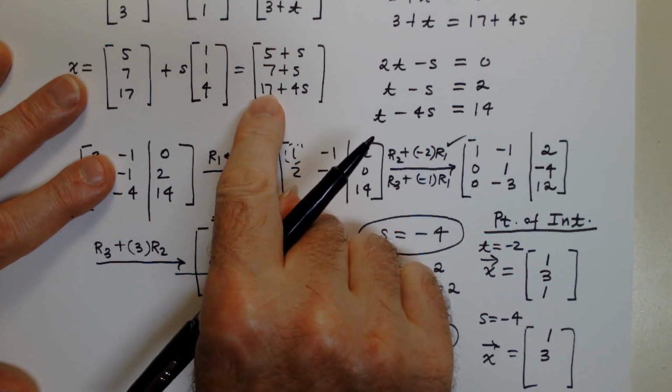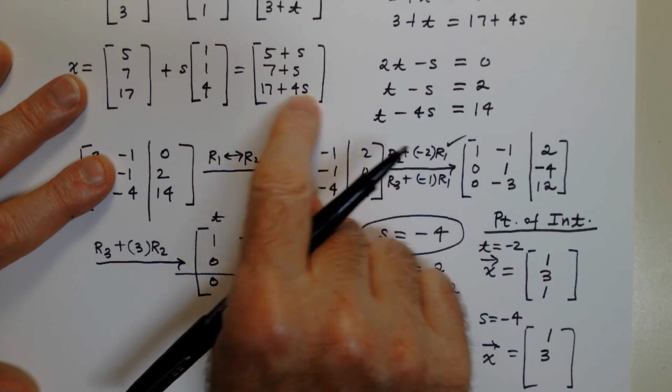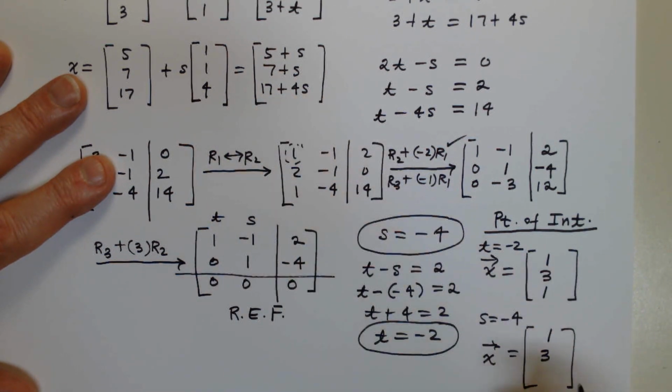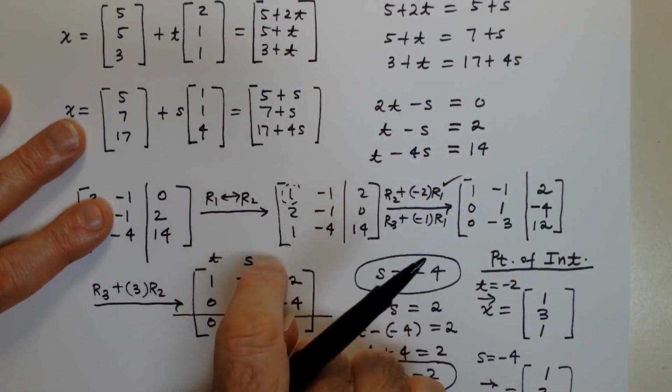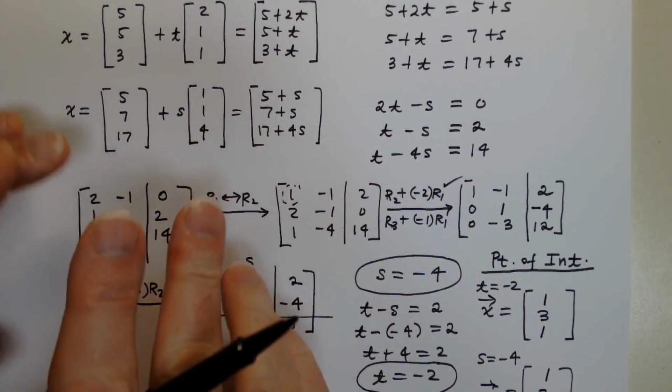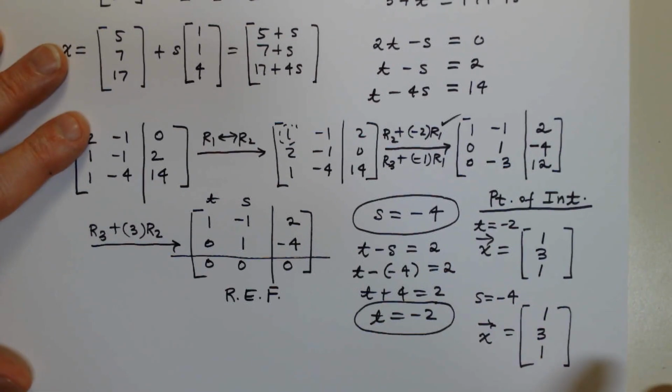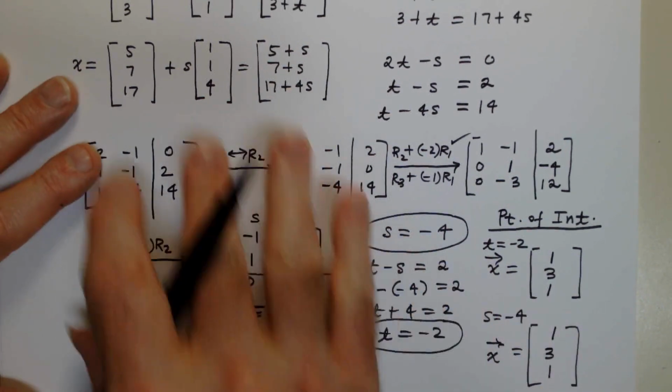And 17 plus 4 times negative 4, so 17 minus 16 is 1. So whether we look at it by plugging negative 2 into this vector or by plugging negative 4 into this vector, we get the same point, the point of intersection. That was the whole point of going through this process.